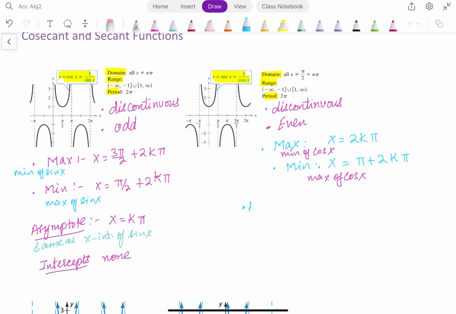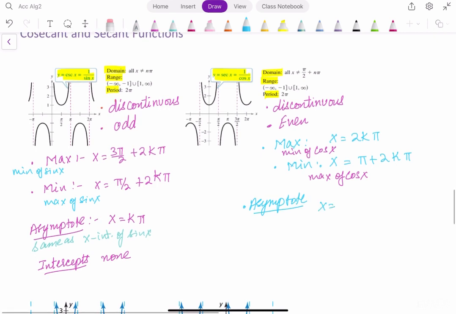And when we talk about the asymptotes, they are nothing but the x-intercepts of cos function. And because cos function is even, secant function is also an even function. In this case, when we are talking about the intercept, the x-intercept will be none, but the y-intercept will happen at 0, 1.